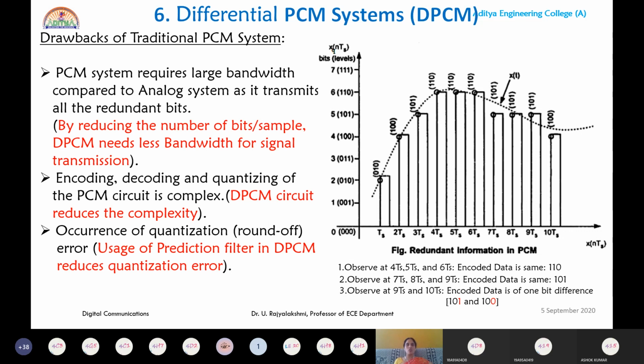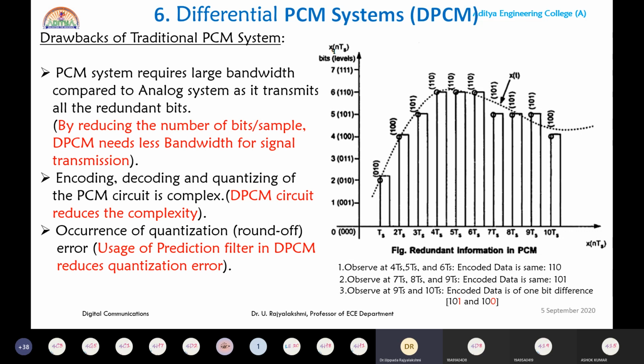But PCM transmits all the bits per sample. It transmits all the bits present in the sequence, and instead of taking the difference, it transmits all the redundant information. So what will DPCM do?